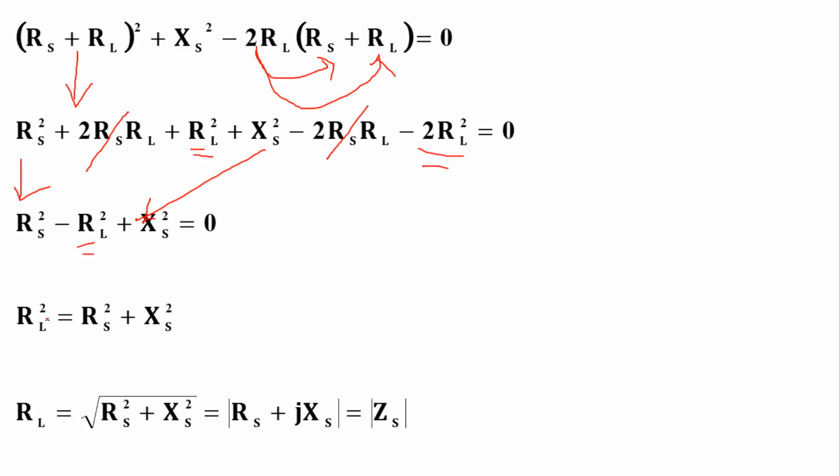If I keep RL square on the left hand side, then RL square is equal to RS square plus XS square, and if I take the square root, RL is equal to square root of RS square plus XS square, and that is nothing but RS plus JXS, and that is equal to ZS. So RL is equal to ZS is our condition for maximum power transfer.